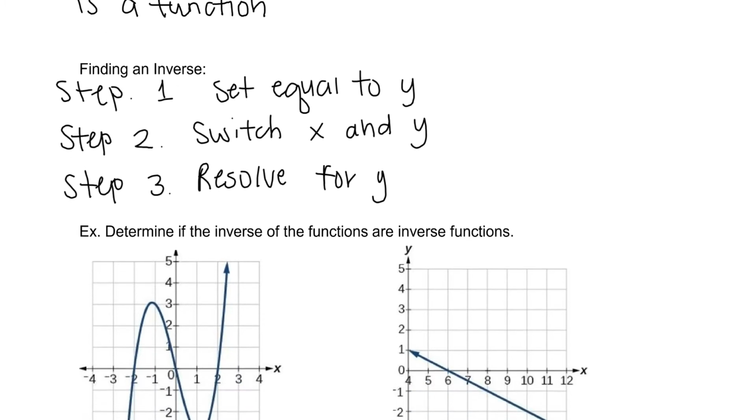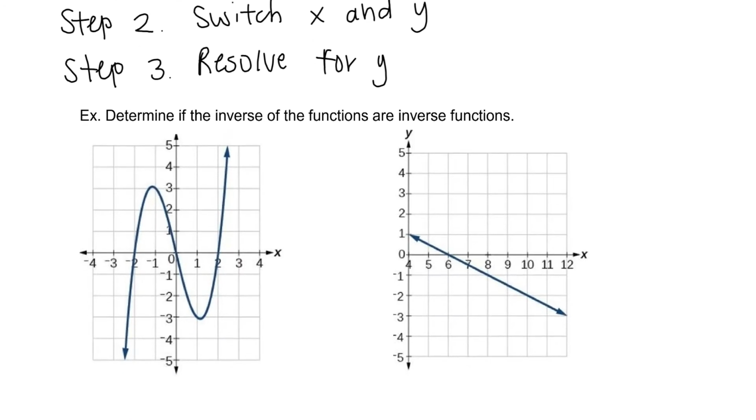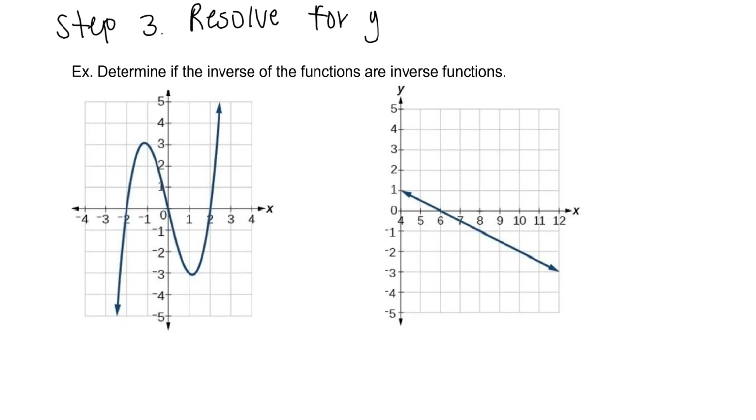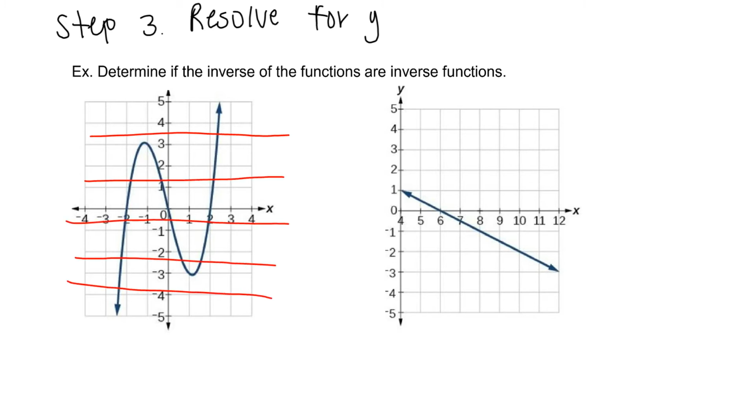Let's go ahead and do some examples. Our first examples are going to be determining if the inverses of our graphs are inverse functions. Looking at our first function here, we don't need to know the equation in order to determine if its inverse is a function. So we're going to draw some horizontal lines, because if a graph passes the horizontal line test, then its inverse is a function.